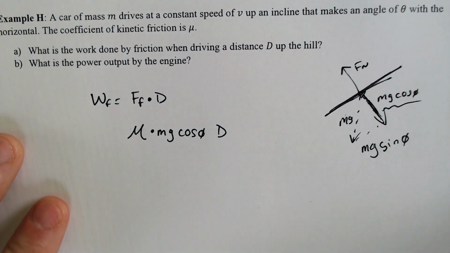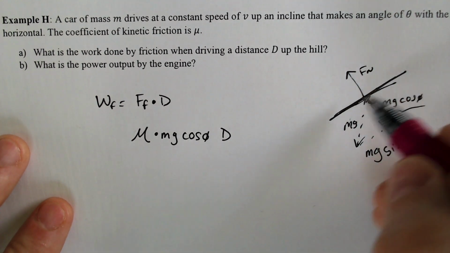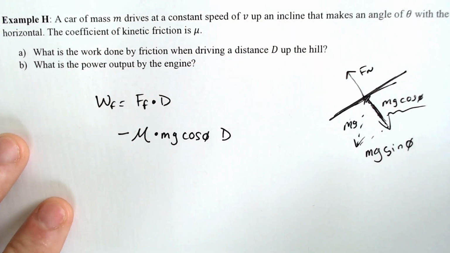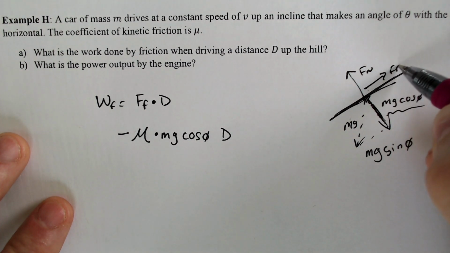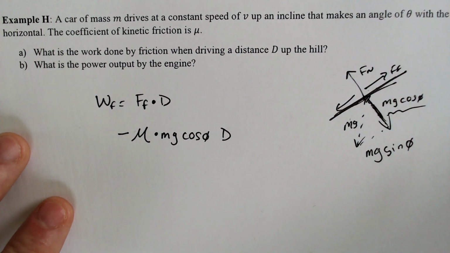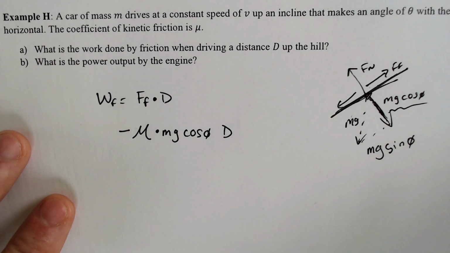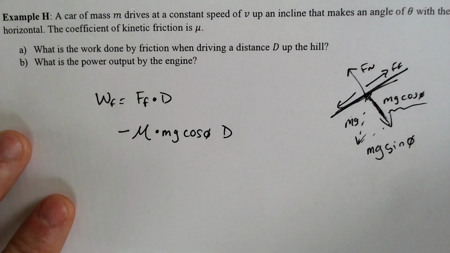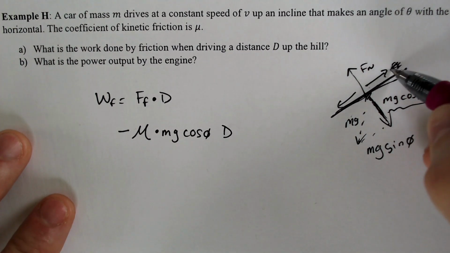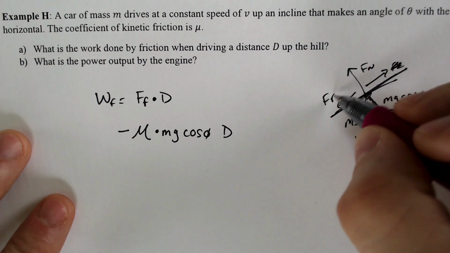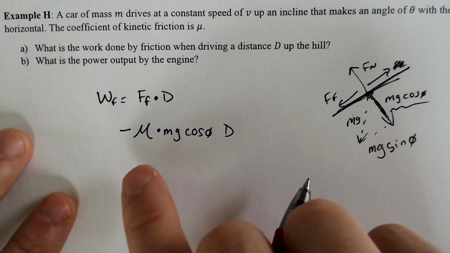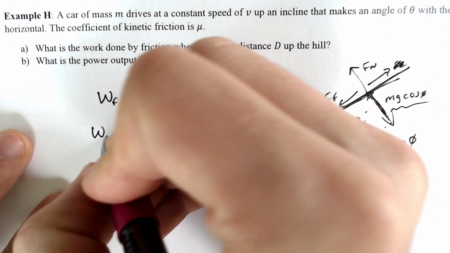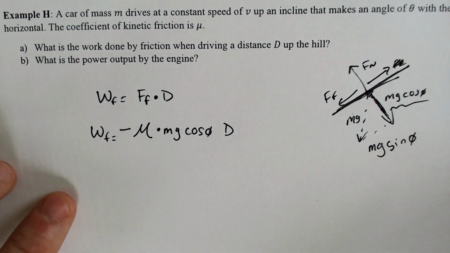Now friction is acting opposing the way that this car is moving, so it would be negative because it is going in the opposite direction. Oh, we're going up the hill. The force of friction would still be acting in the negative direction, opposing the direction that we're actually going. Okay, so that would be our work done by friction.